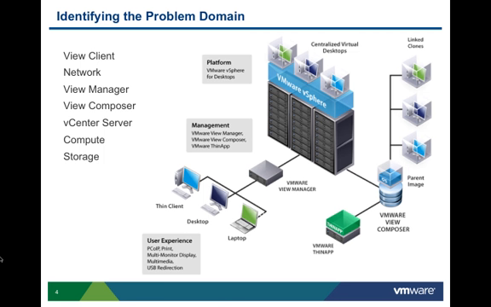Also, for example, if a user is having performance issues or their desktop was running slowly in their opinion, we probably want to look at the vSphere environment, the compute and storage platform, to see if there are any performance issues there. So the goal of today really is to take a look at some of the common issues in these different problem domains and show you how you can identify them and fix them where possible.